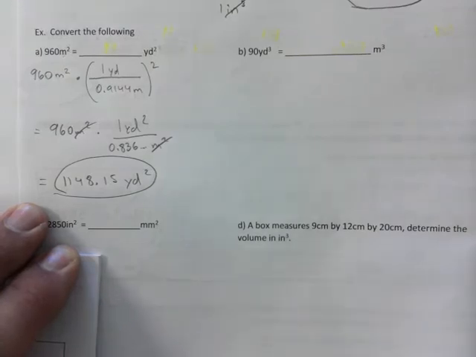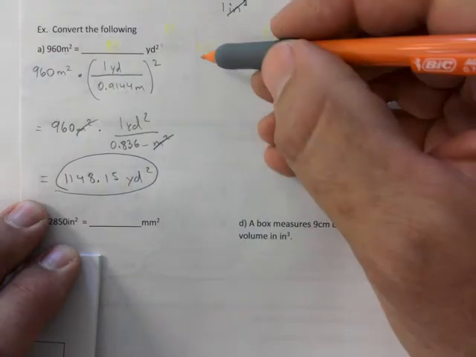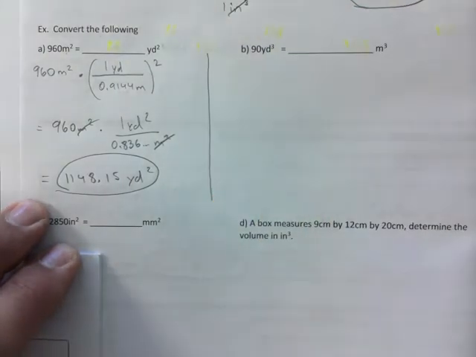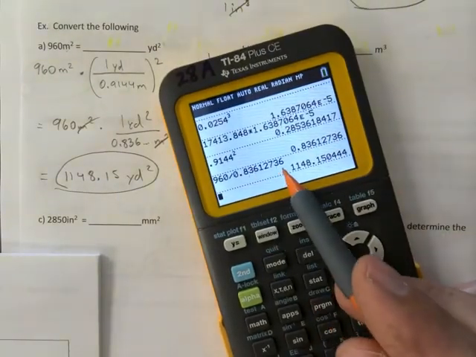How are we doing with the first one? I used all decimals, right?